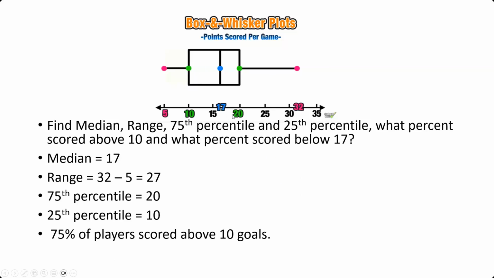And what percent scored below 17? 17 is here, which is 2 sections or 2/4, which means 50% of the players scored below a 17, or the 50th percentile was 17.